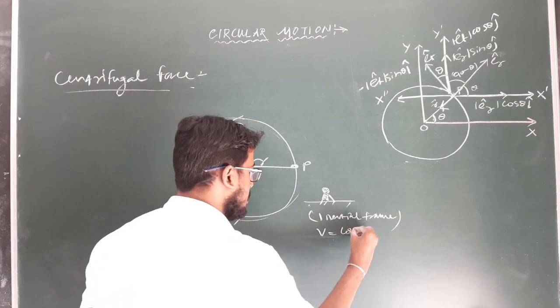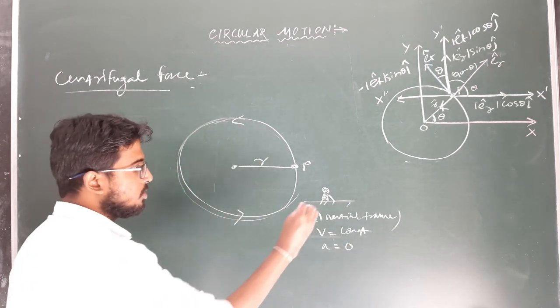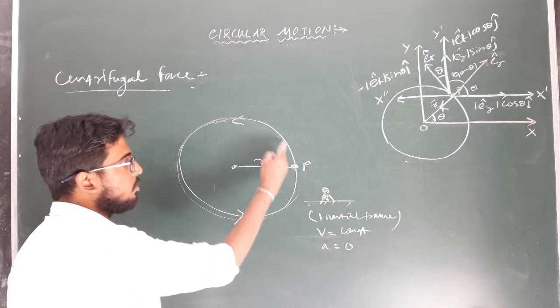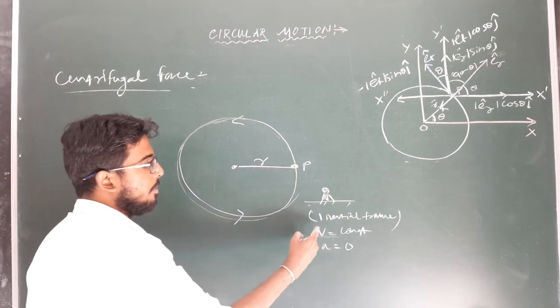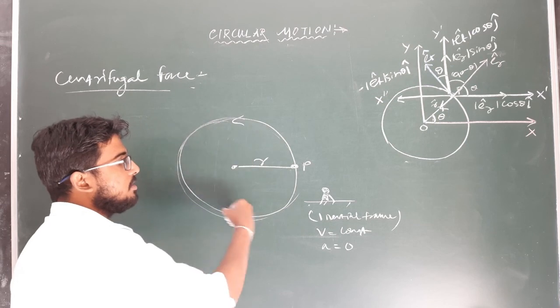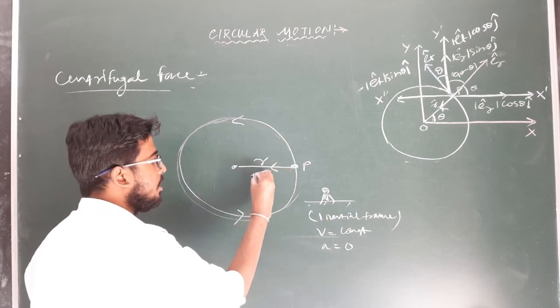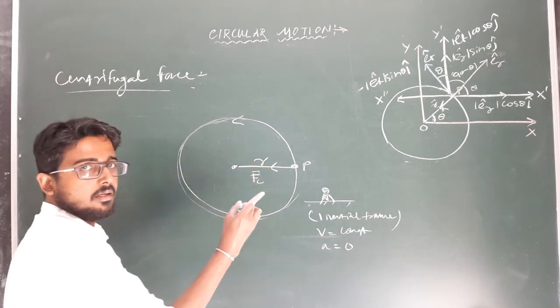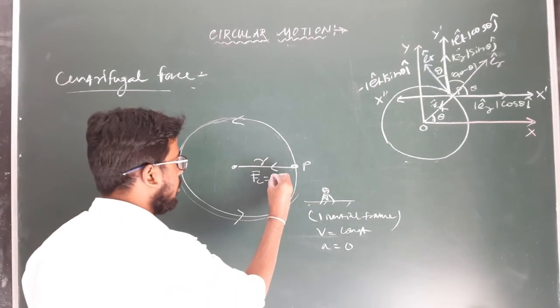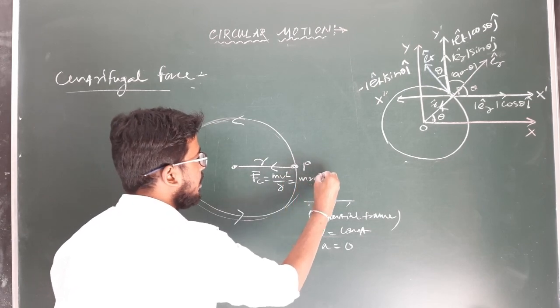Velocity is constant or acceleration equal to 0. Clear? So as the observer observes the circular motion of this particle P from an inertial frame, the force which is responsible for changing the direction, or giving the required centripetal force, is known as centripetal force Fc. Clear? Its value we already derived: mv square by r or m r omega square.